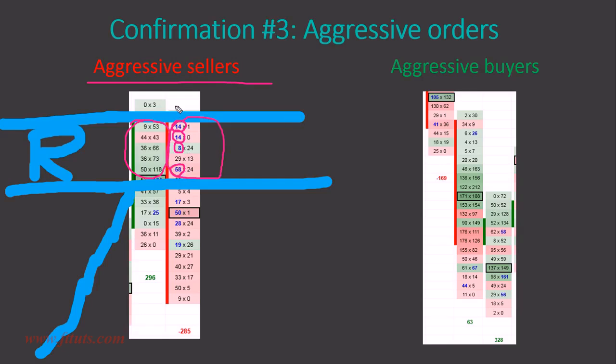An imbalance created on the bid means aggressive sellers. Sellers way more aggressive than buyers. So those imbalances on the bid start to jump in, sellers start to jump in, and this means that most likely there'll be selling activity.